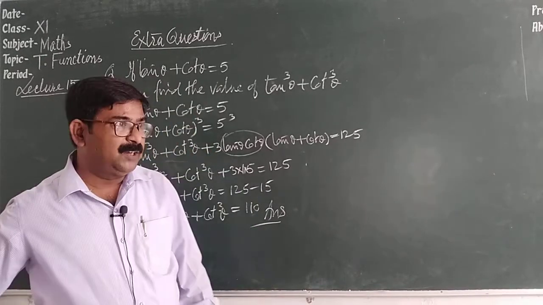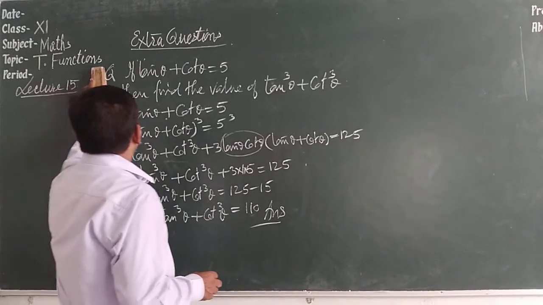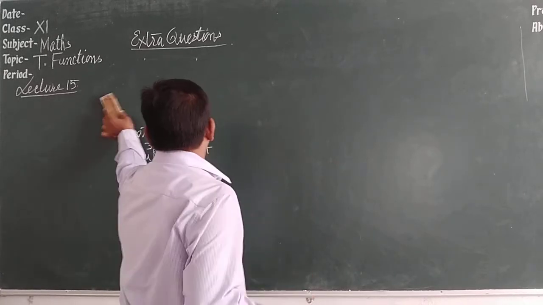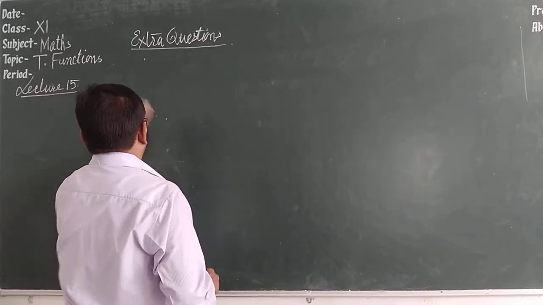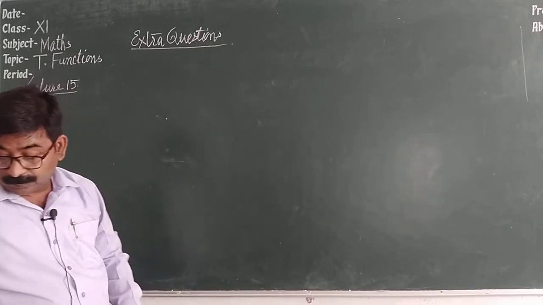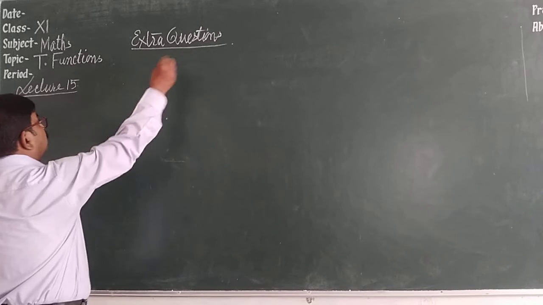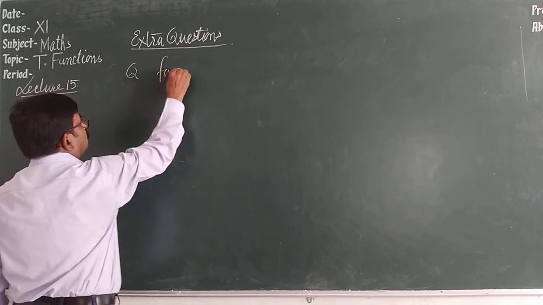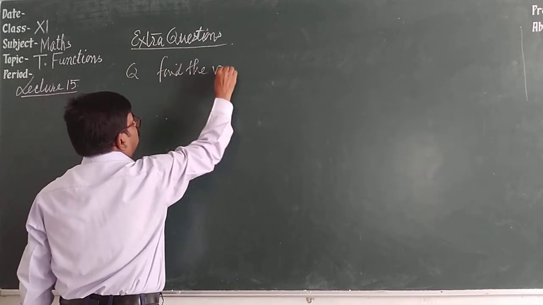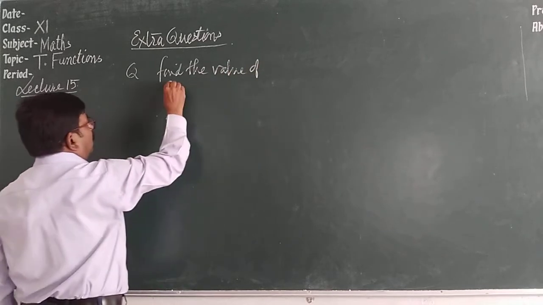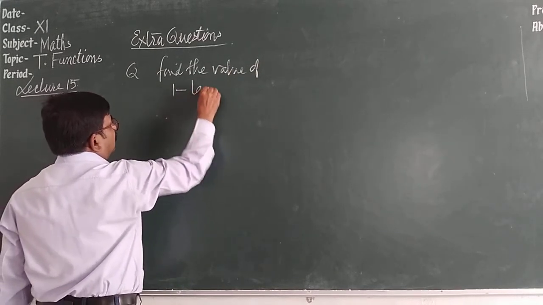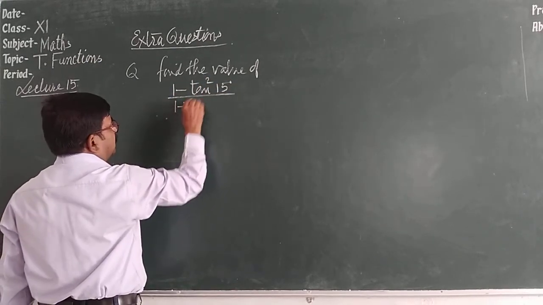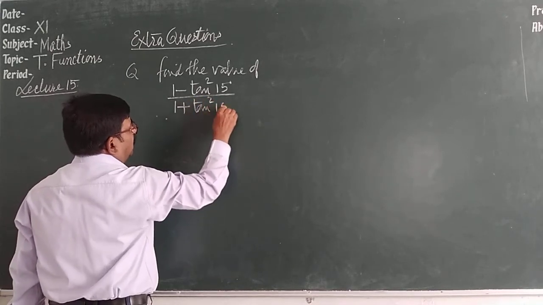One more question I would like to remind you. Suppose question is given, find the value of 1 minus tan square 15 degree upon 1 plus tan square 15 degree.